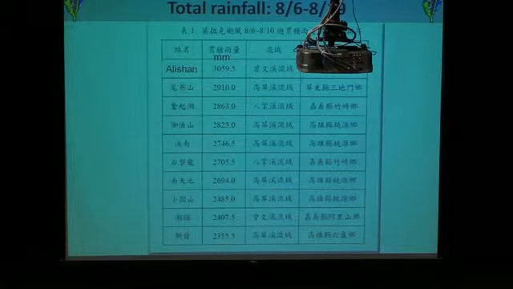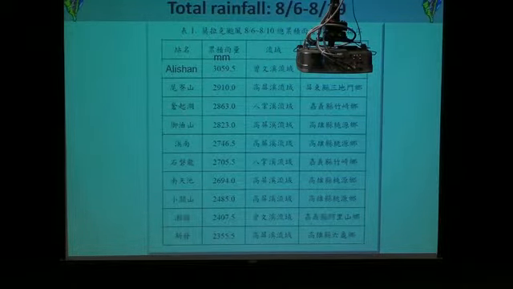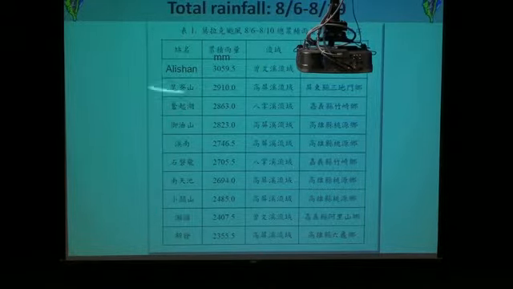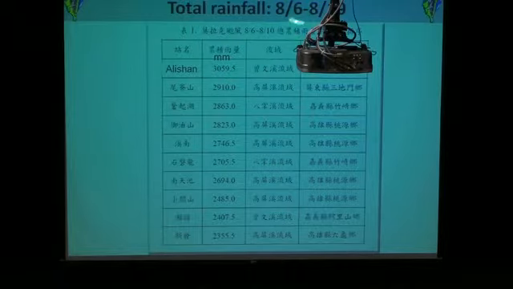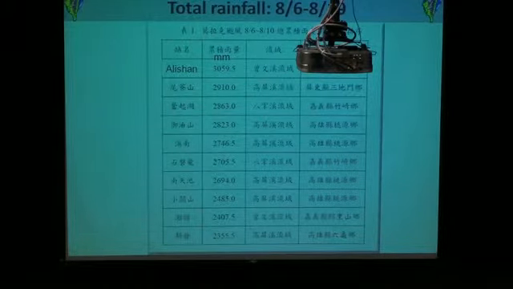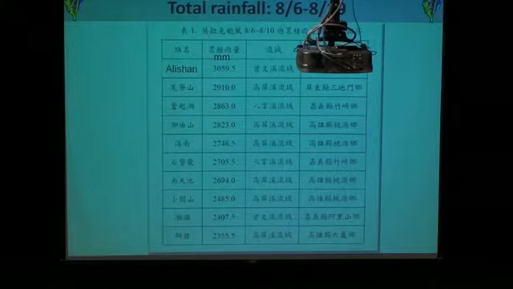I apologize that this table is still in the Chinese version, but here I put some English words. For example, Alishan received the largest amount of rainfall between the 6th and the 10th, exceeding 3,000 millimeters. Most of the rainfall was produced in 2 days.